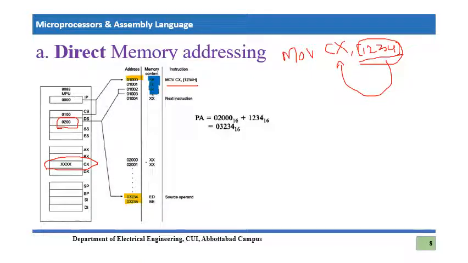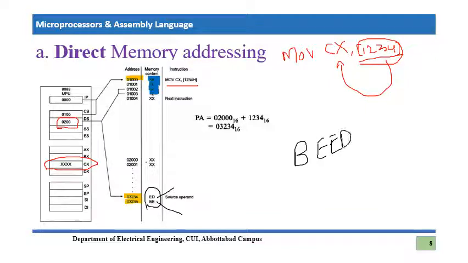So these 16 bits of information will be transferred to CX. This will be treated as the lower significant byte, and this as the higher significant byte. So that becomes BEED.